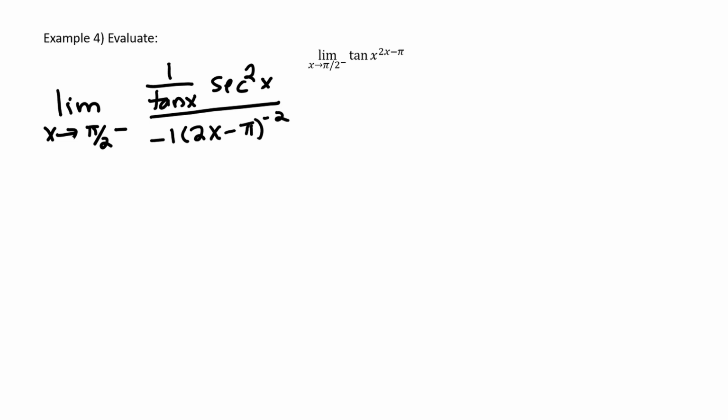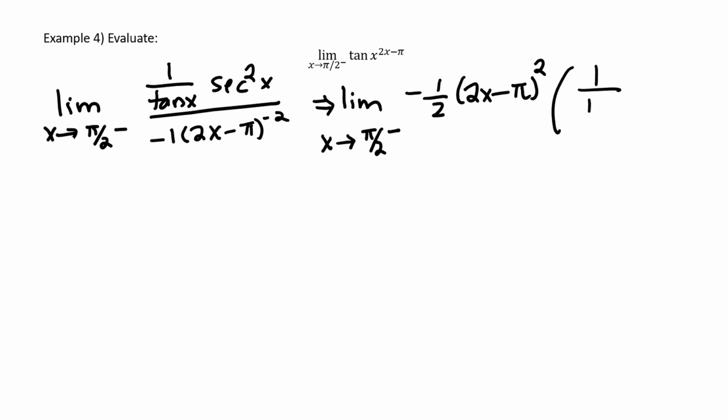Without changing any values, I'm going to reorganize some of these components. So I will write this expression as the limit as x approaches pi over 2 from the left of the minus 1/2 times 2x minus pi squared in one position, and then put the trig stuff together.